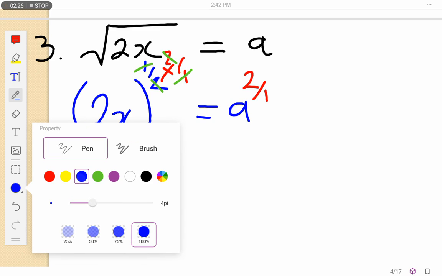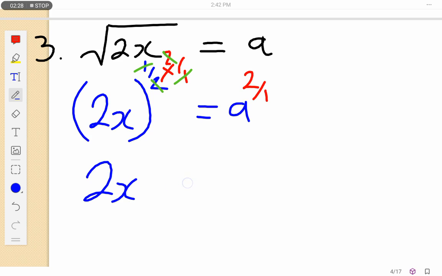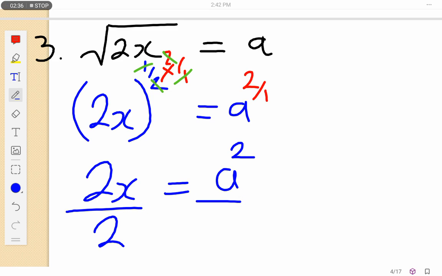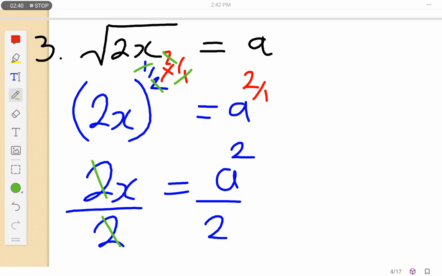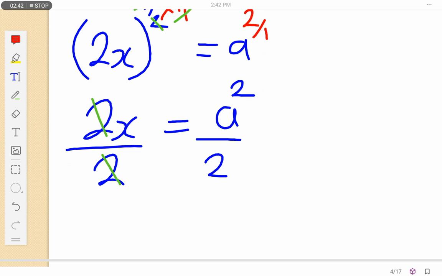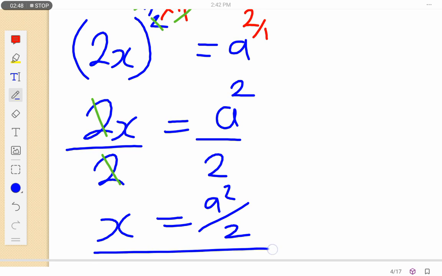So we'll get 2x is equal to a. We said a to the power of 2 over 1 is the same as a squared. Then to get my x, I'll divide by 2. So on the left side, they would cancel off each other, and our x will be x is equal to a squared over 2, like this. This becomes our final answer.